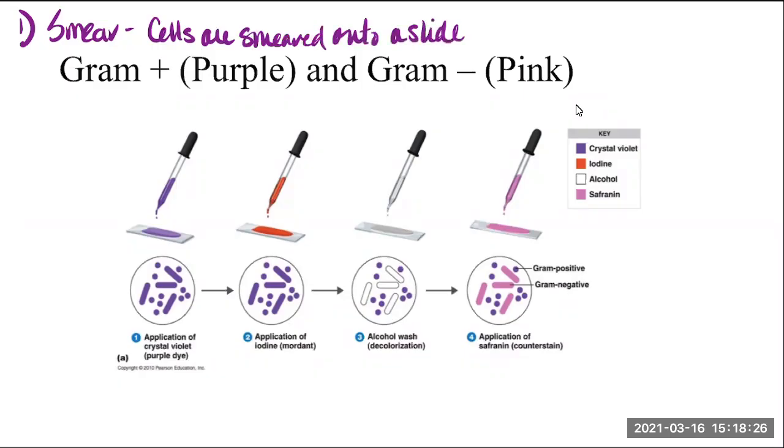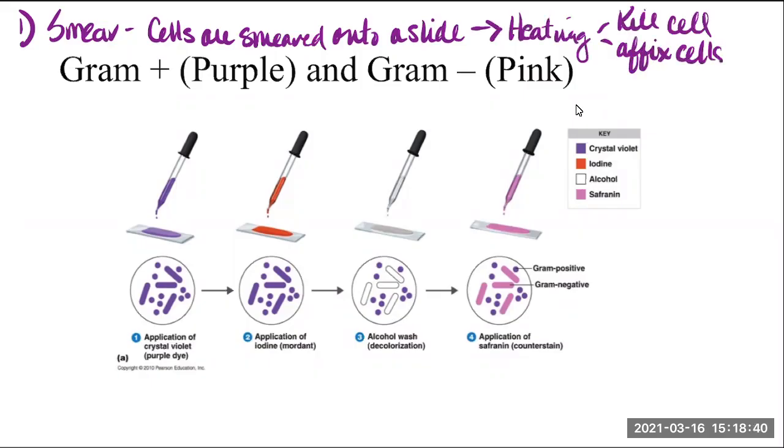And then once you've made that, you do heating to basically kill the cells and also affix cells to the slide. So anytime we say smear, that's what that means.